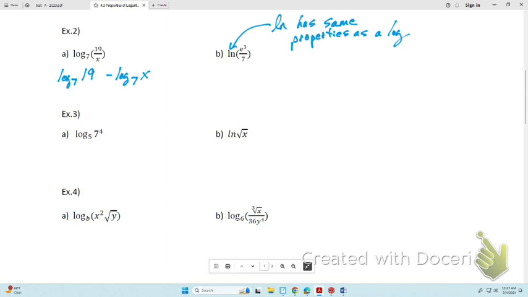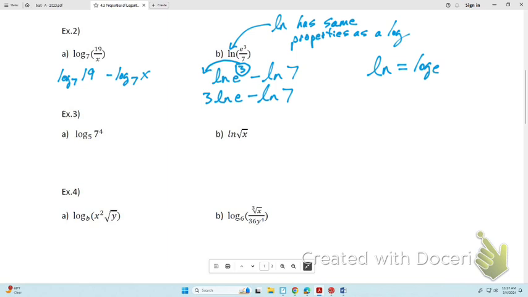So I'm going to use the quotient rule. I'll go natural log of e to the third minus natural log of 7. Now, a few things are still happening. We can take this 2 more steps. I can use the power rule and move that to the front. Don't forget ln is the same as log e.